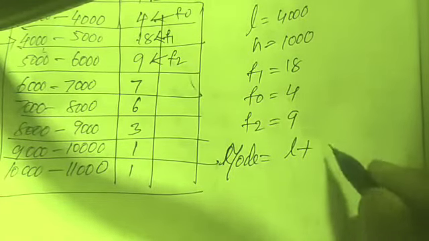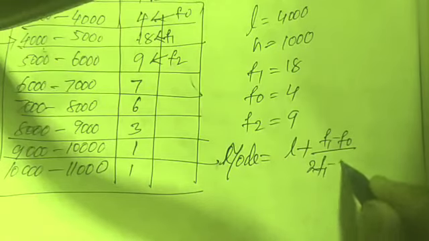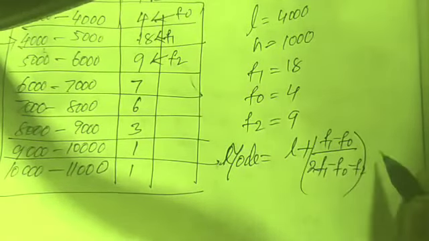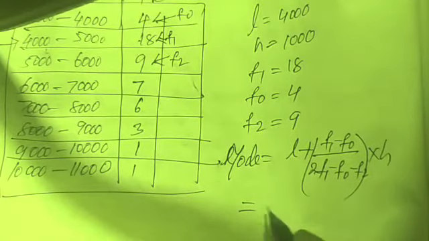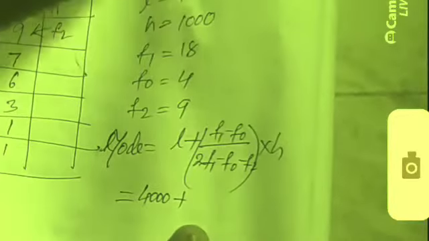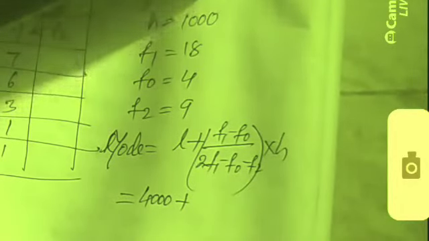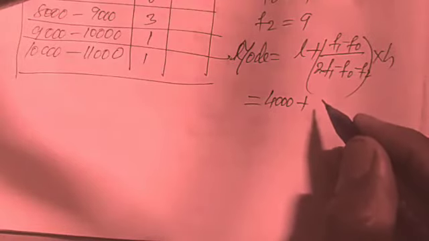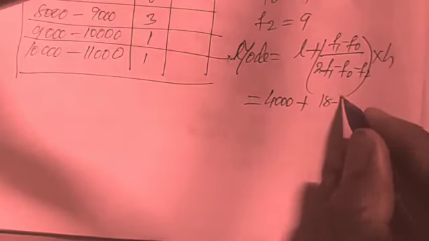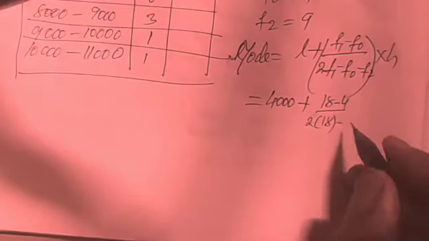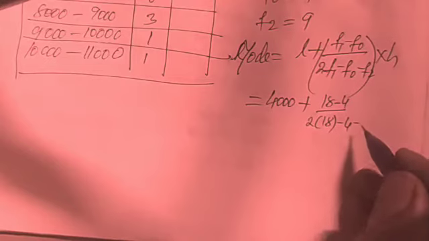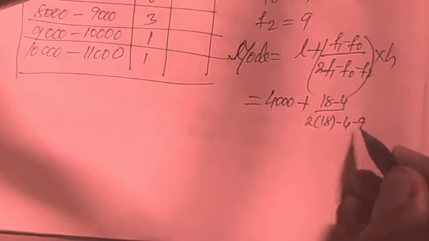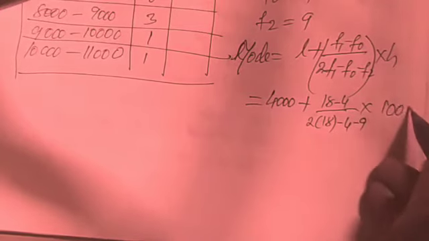Mode equal to L plus (f1 minus f0) by (2f1 minus f0 minus f2) into H. So 4,000 plus (18 minus 4) by (2 into 18 minus 4 minus 9) into 1000.